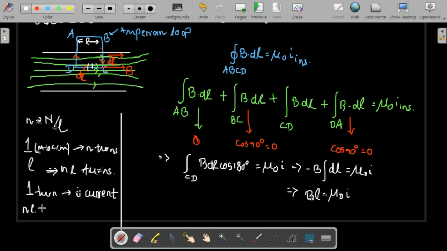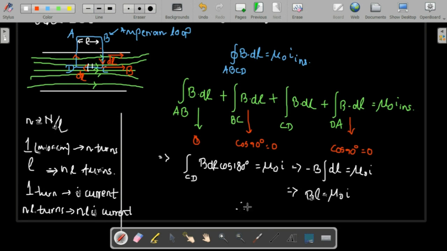So the current is nL into I. You can see that in one turn there is I current, in nL turns it will be nL into I current, right? In length L, there are nL turns, so the current is nothing but nL into I.